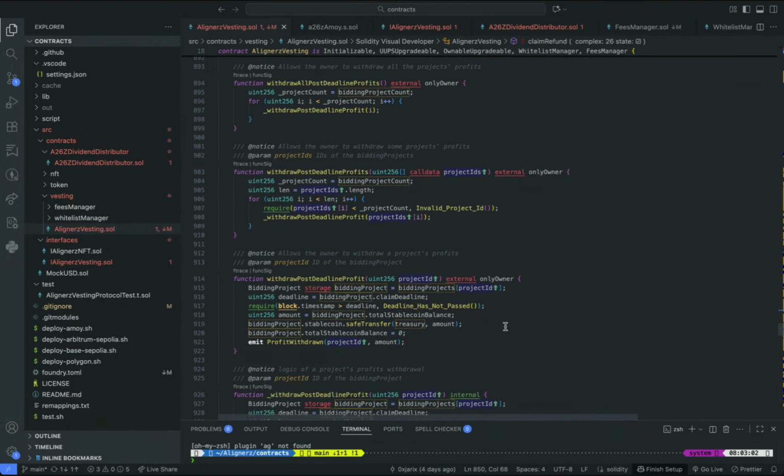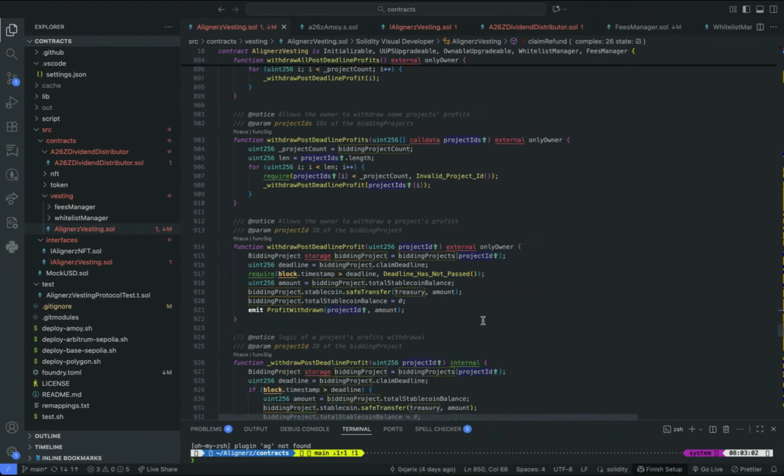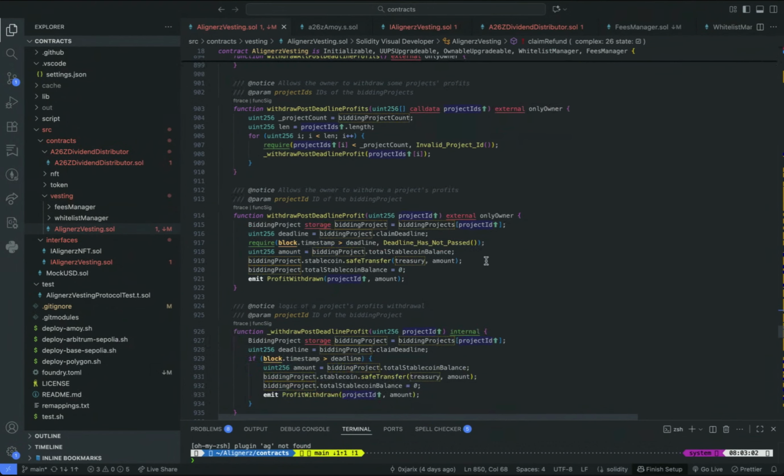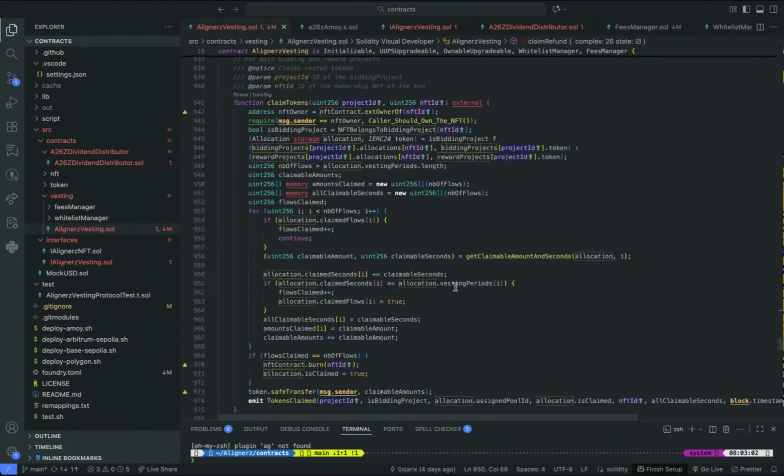And then once this deadline has passed, the owner can withdraw the profits. It will go in the treasury. And then once a user has a TVS, he can either split it, merge it with another TVS, or claim his tokens.